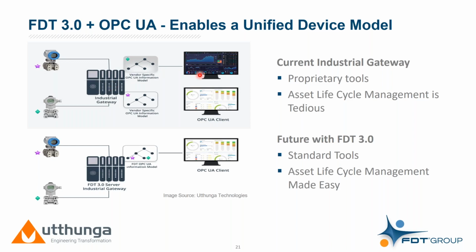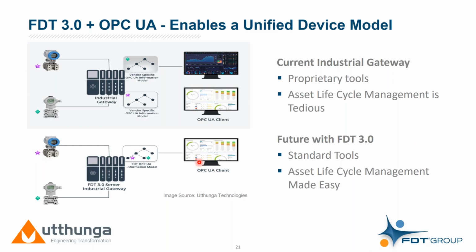In future, with the FDT 3.0 standard, these industrial gateways can have an FDT OPC UA server information model enabled. This brings a unified device integration standard model to the OPC UA client.